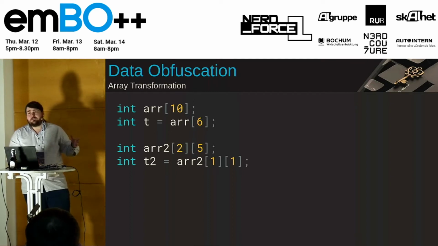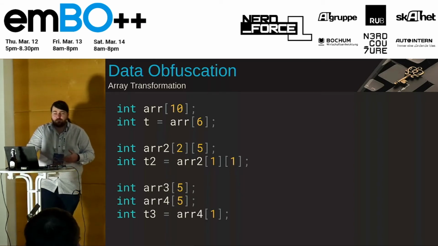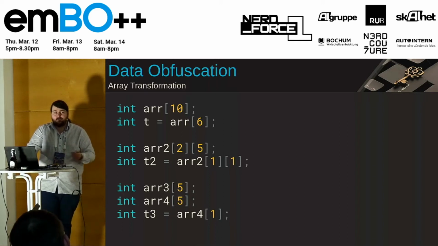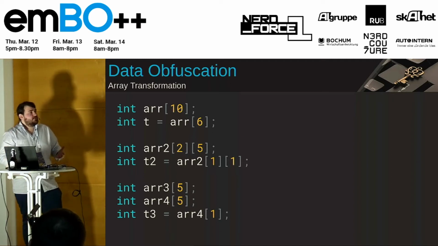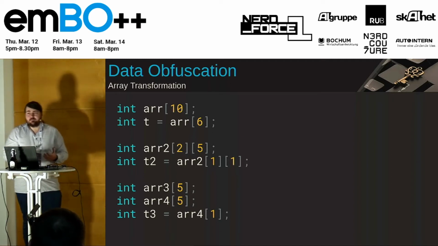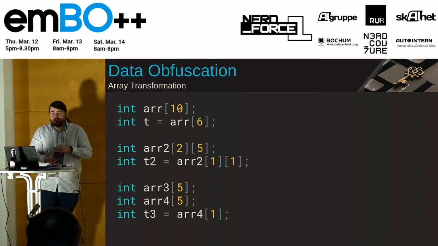Whether your compiler actually translates it to different instructions is another thing. You can also use true arrays, so you check in which range your index is, and use that one to access it. This is a really basic transformation, and usually even basic tools can circumvent it because there's not much actually changed on the binary side.